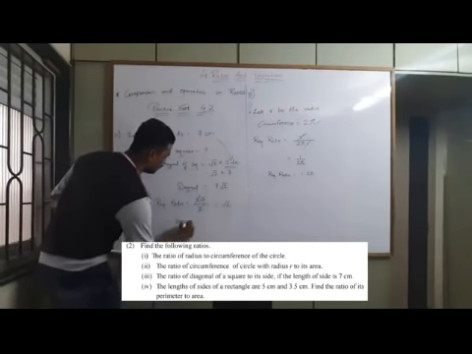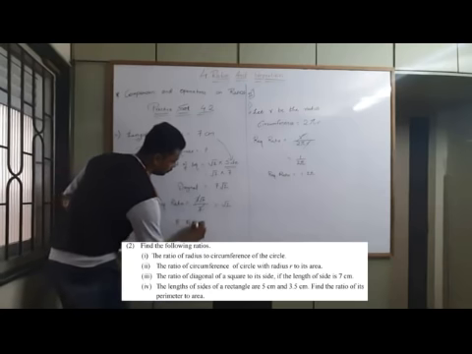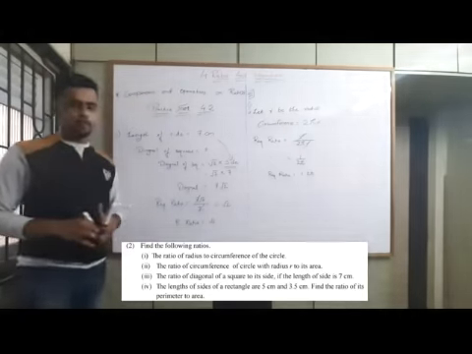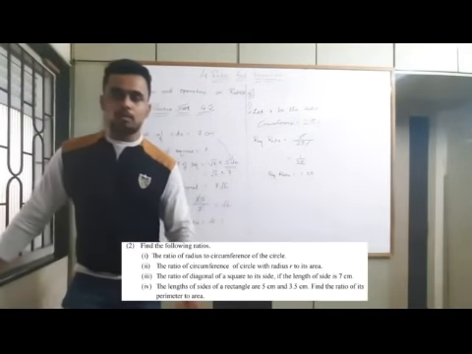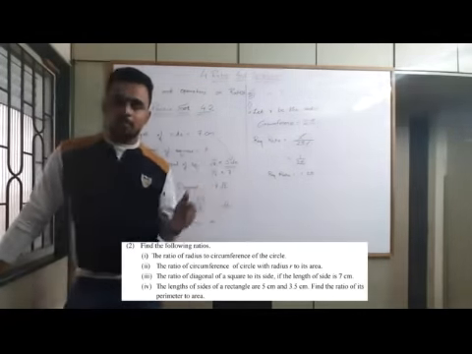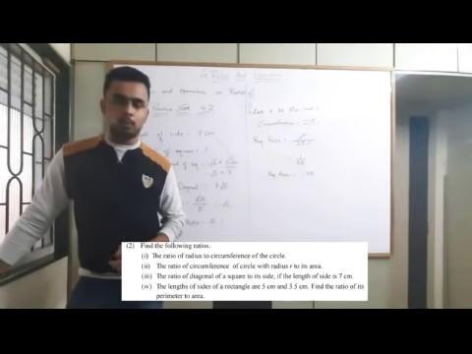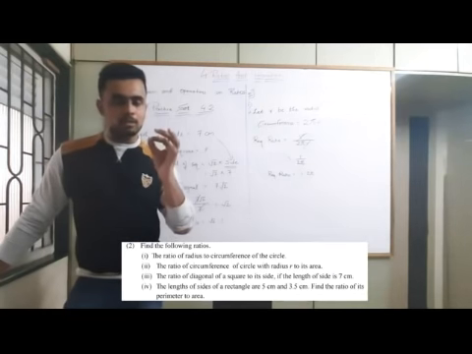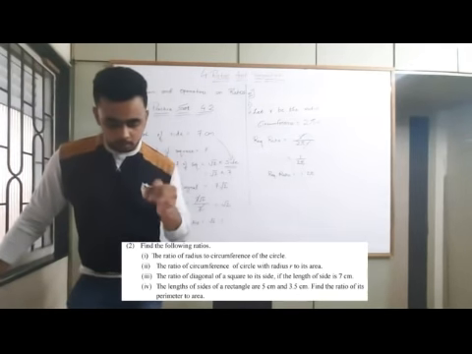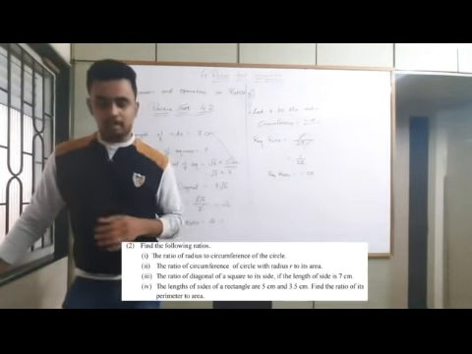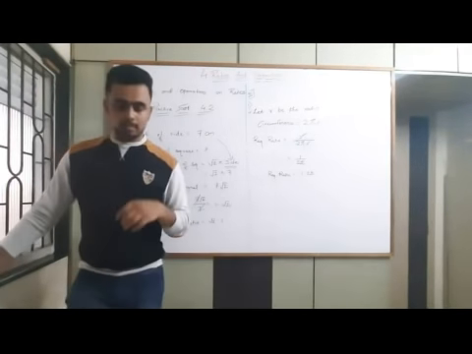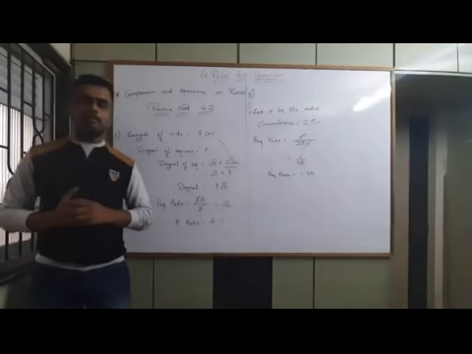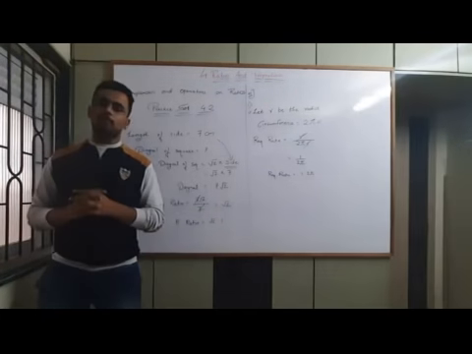Therefore, the required ratio is root 2 is to 1. This is how you are supposed to calculate the second main question in practice set 4.2. The remaining two sub questions, that is question number 2 and question number 4, are for you as an assignment. Now let us see practice set 4.2's third question, where we will see the comparison of two ratios.